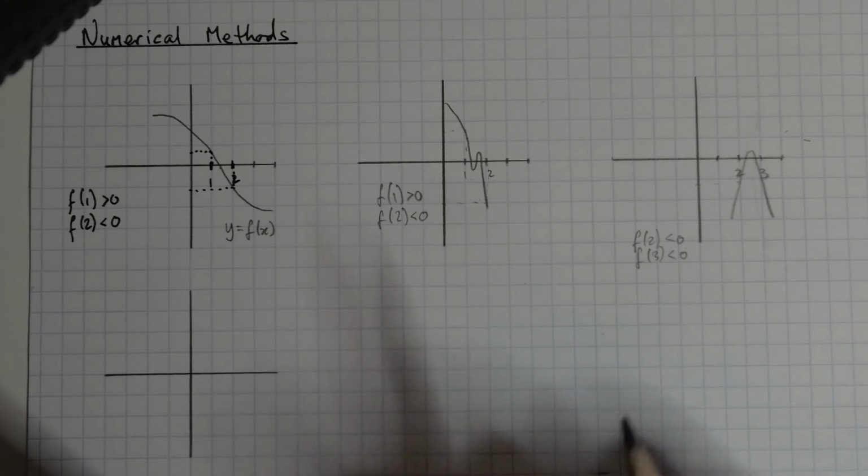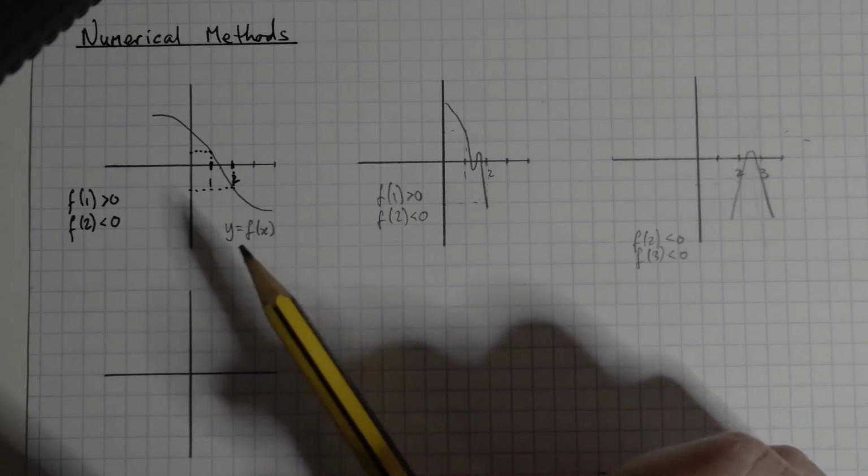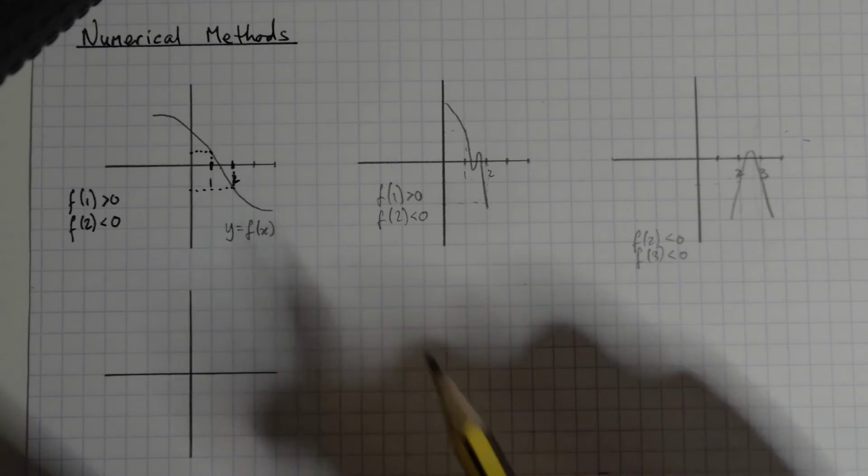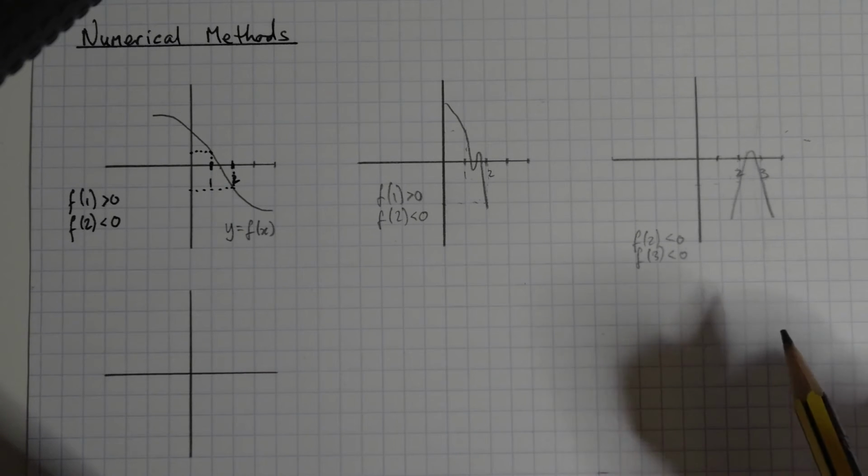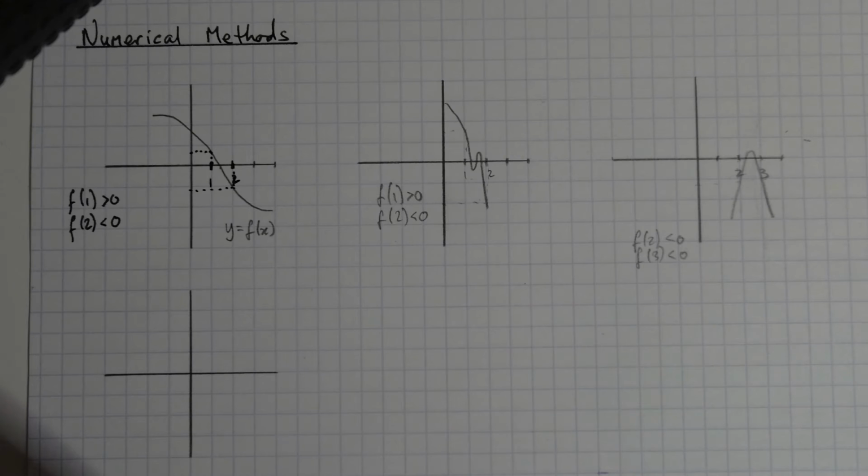So it's the case that if there is a sign change, then there's at least 1 root. In fact, there'd be an odd number of roots. But if there's no sign change, there still might be some roots, and it'll be an even number of roots if there are. The last thing to be really careful about is if the function is actually discontinuous.